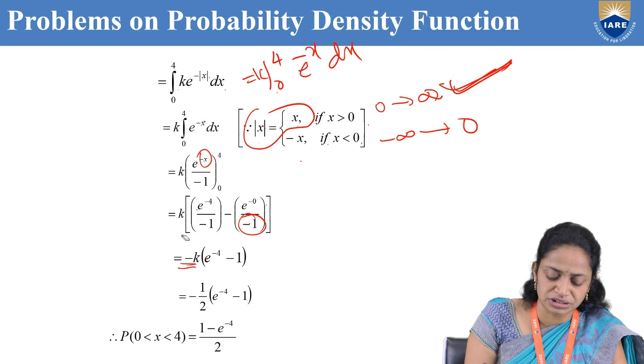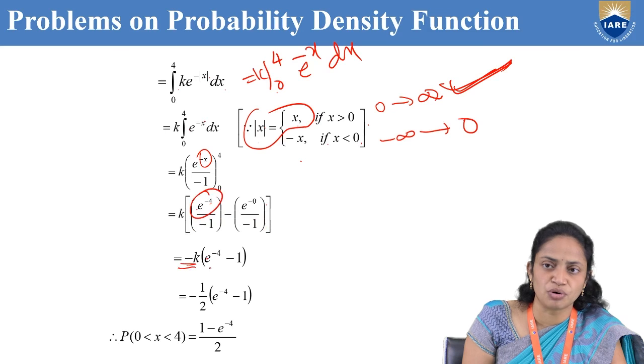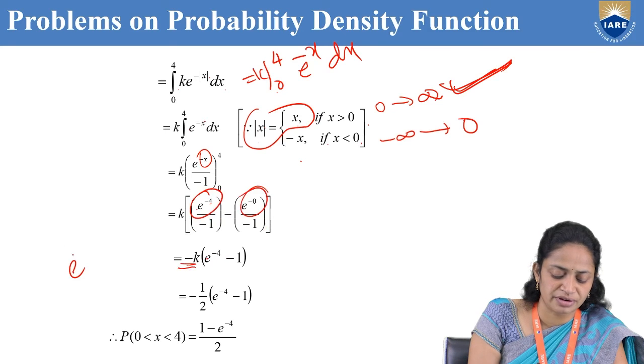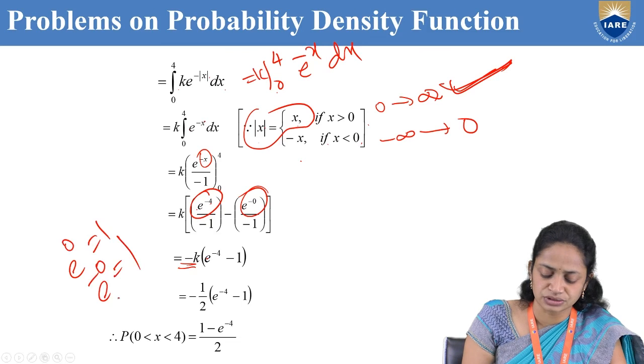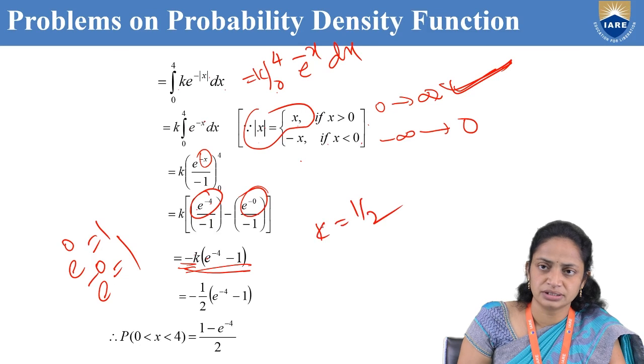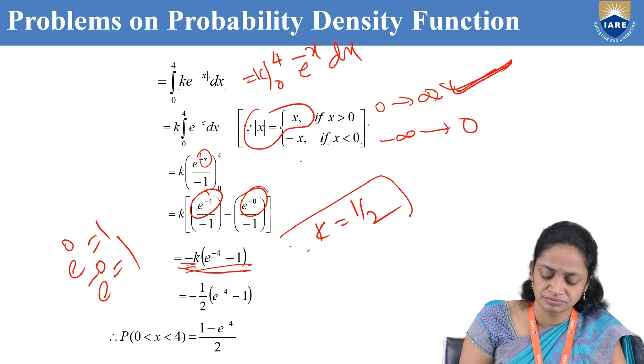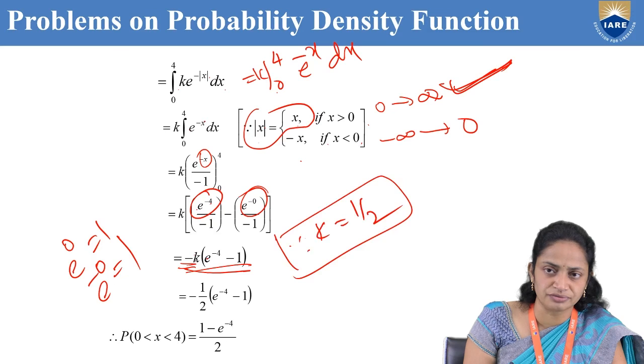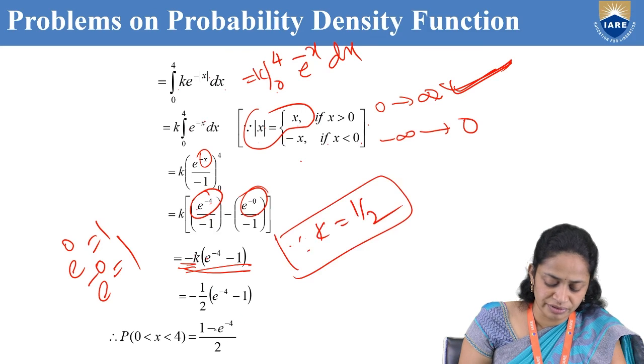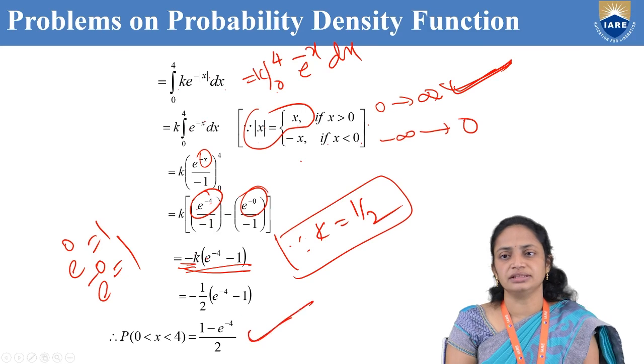This is e power minus 4, and e power 0 is 1, so that is 1. Therefore if I simplify, we know that k is 1 by 2, right? Already we have solved this one. So k is 1 by 2. If I substitute the k value here, we will get the solution like this.